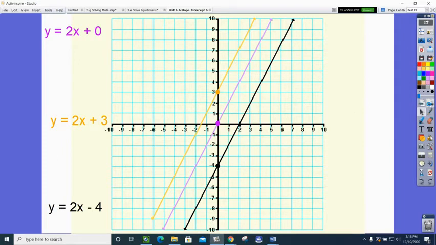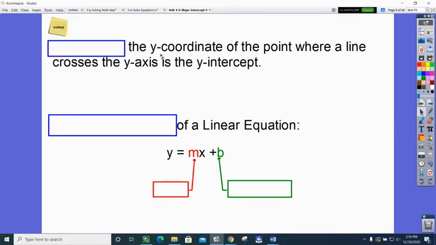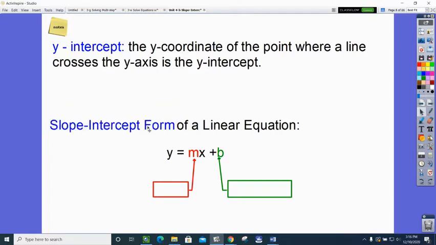It's called b. The coordinate of the point where a line crosses the y-axis is called the y-intercept. And the slope-intercept form of a line is y equals mx plus b. So the slope we already talked about is m, and for some reason, they called the y-intercept b.